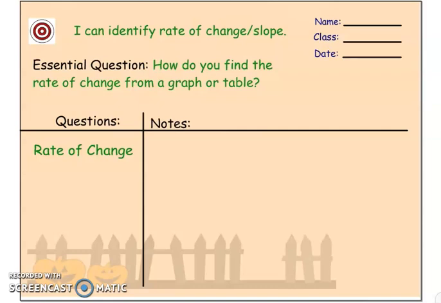And we have one vocab word, and that's rate of change. Rate of change is the same as the slope of a line. So we've already worked with slope. So I'm just going to remind you what we've already worked with. So slope is the steepness of a line.